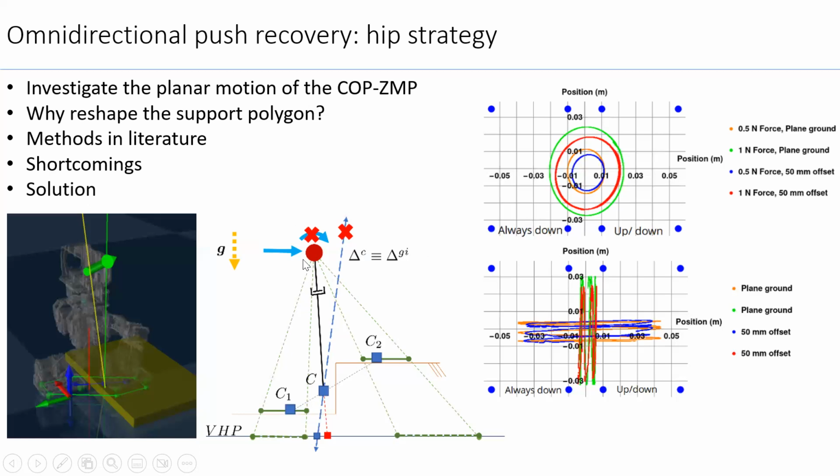Now, the method in literature says that we project the support polygon with focus at the center of mass. However, this has an issue that the ZMP does not always pass through the center of mass. If there is non-negligible moment about the center of mass, then the ZMP axis separates out from the center of mass, and this projection method is no more consistent, because in a plane, so this is called virtual horizontal plane.